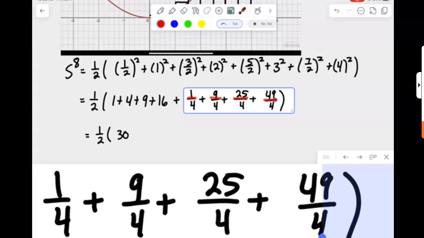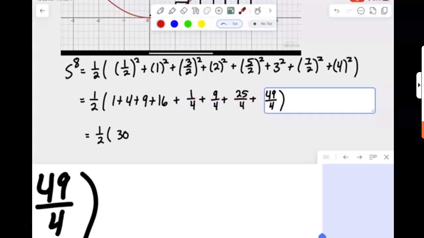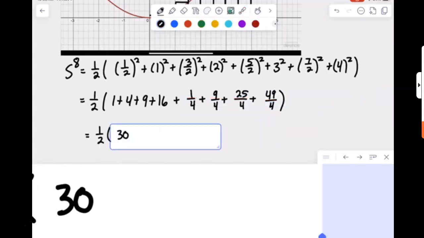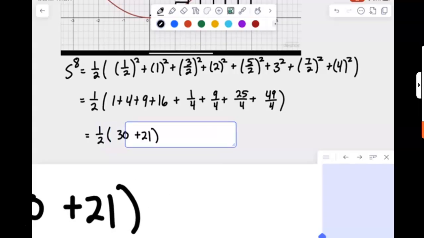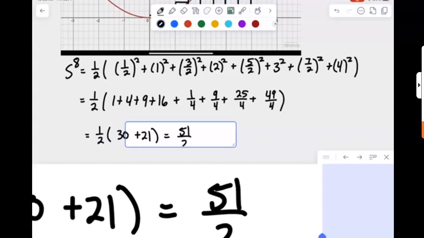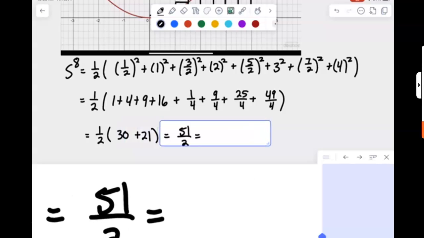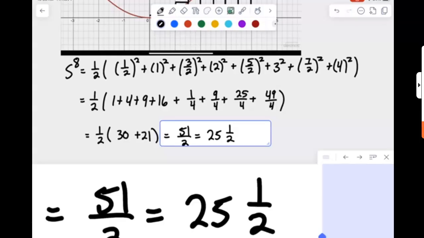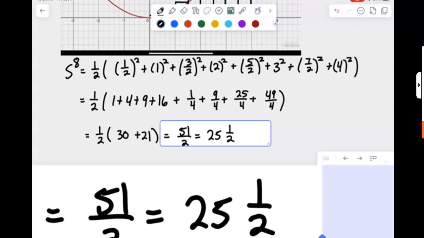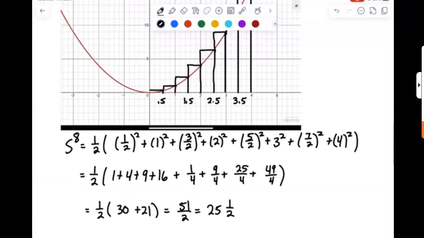Turns out 84 is evenly divisible by 4. And so that all just turns out to be 21. Okay. So in the end, we get that our upper estimate is 51/2 or 25.5. So we know that the area beneath our curve must be less than 25.5.